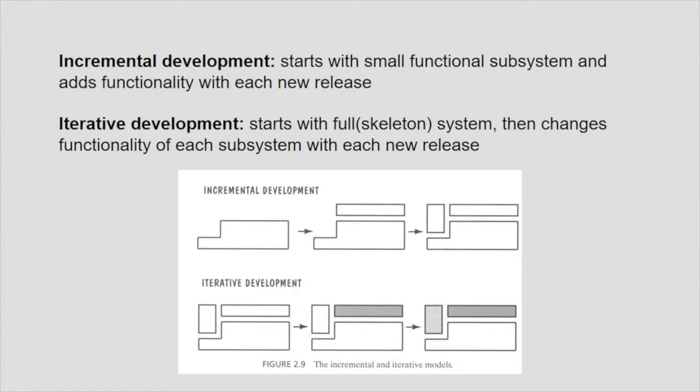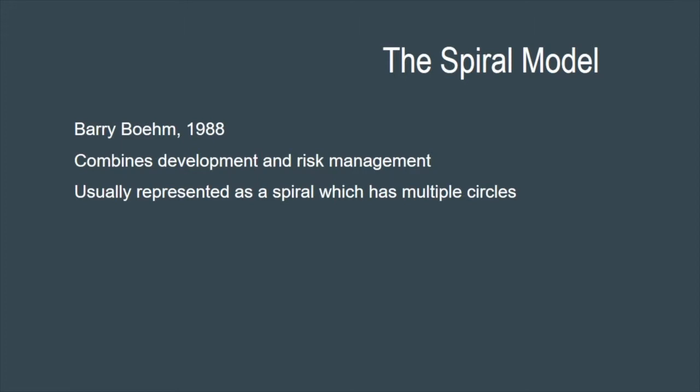The iterative development is pretty similar, but the difference is that after each iteration, some parts, some subsystems will be replaced. The spiral model was suggested by Barry Boehm in 1988. He suggested this model because he thought the traditional waterfall model, which was introduced by Alex, my teammate, on Tuesday, was just too rigid.